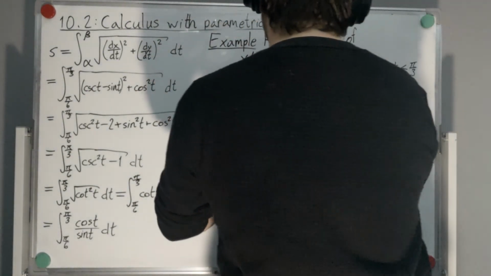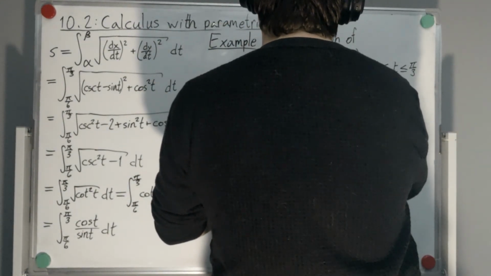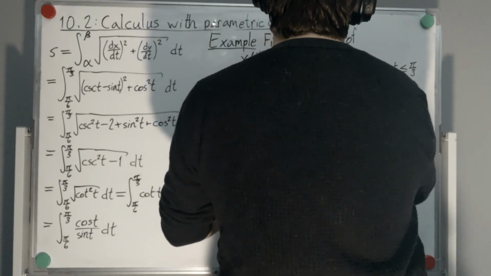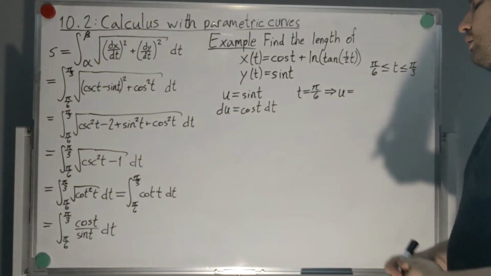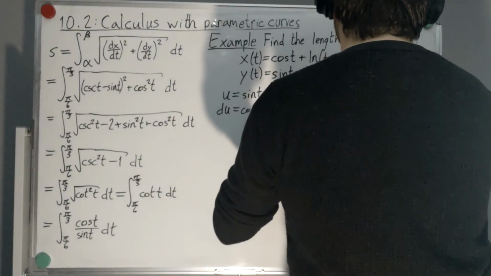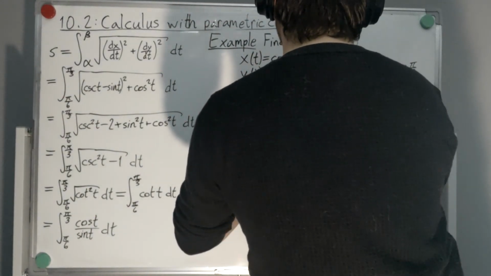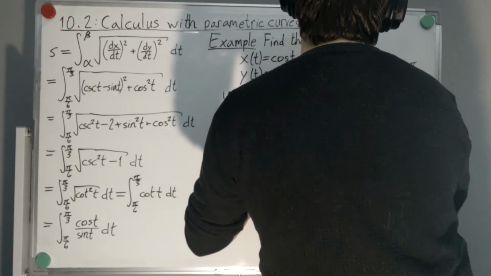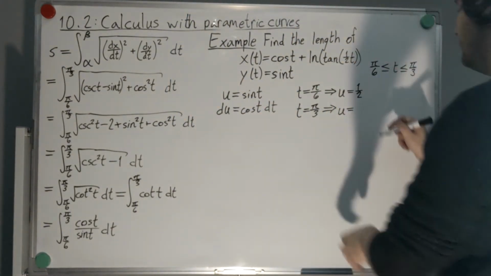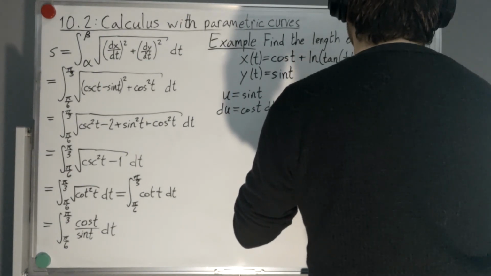Let's see, when t equals pi over 6, u is going to be the sine of pi over 6, which is 1/2. And when t equals pi over 3, u is going to be the sine of pi over 3, which is the square root of 3 over 2.